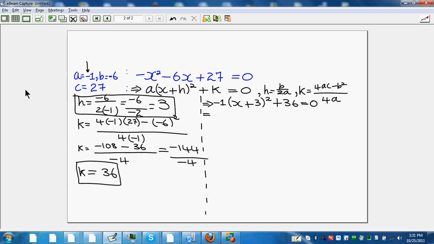So that would imply that the minus 1 doesn't have to remain there as minus 1. You could just leave a minus sign. So it could be minus (x plus 3) squared plus 36 equal to 0, like this. What's the first step?